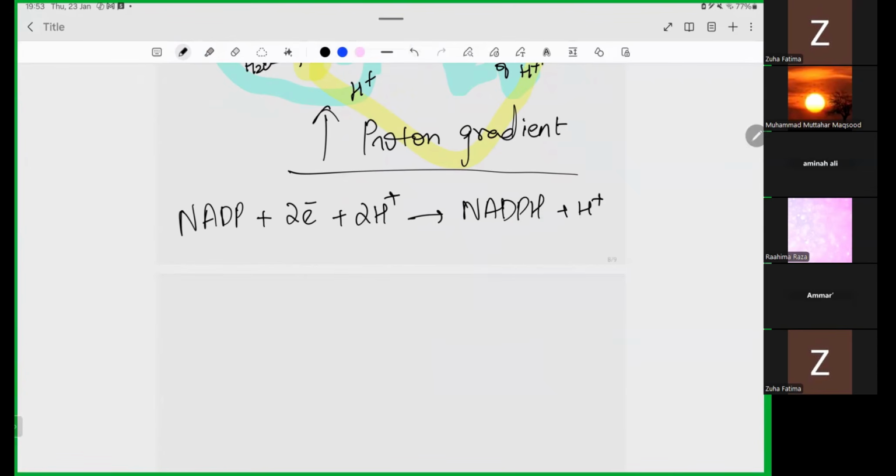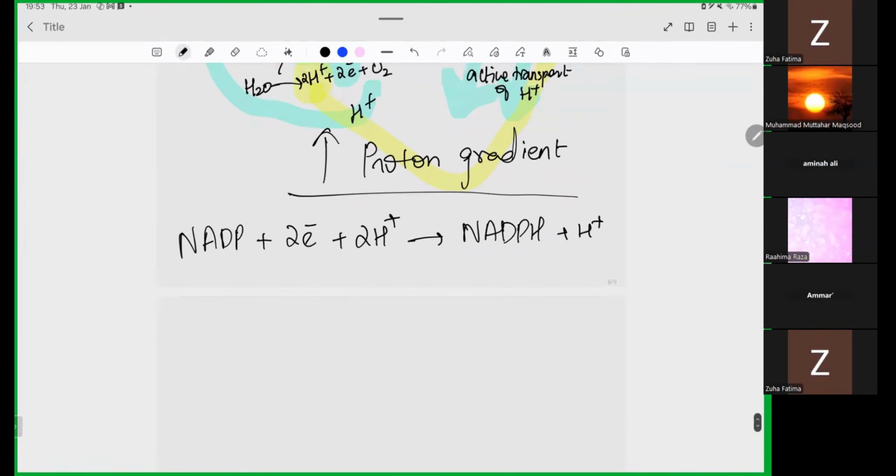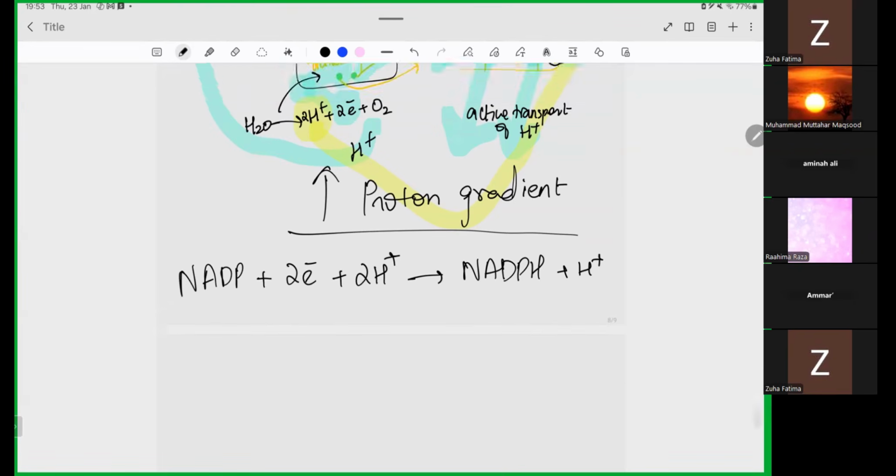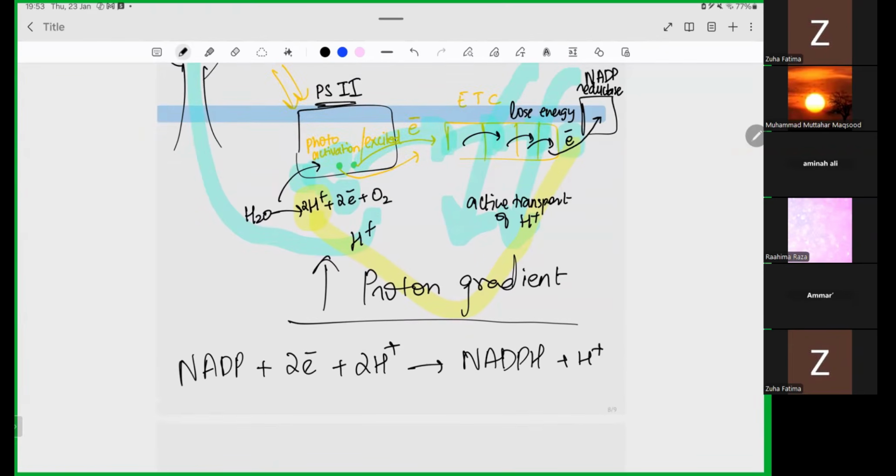Is this now clear? Any questions? Yes, exactly, Ishad. So NADP reductase combines NADP with the electrons from ETC and the protons that came from the photolysis of water. Amar, आपको clear है या कोई question है?